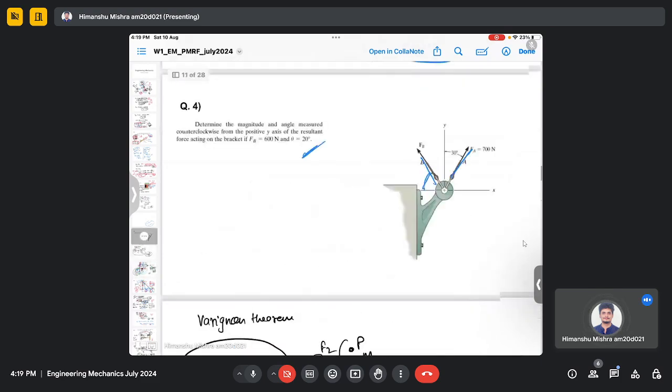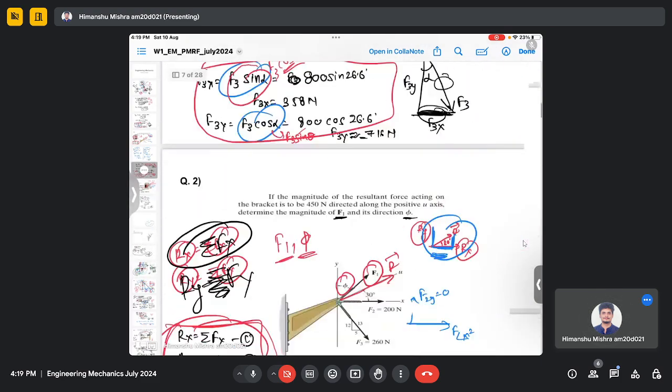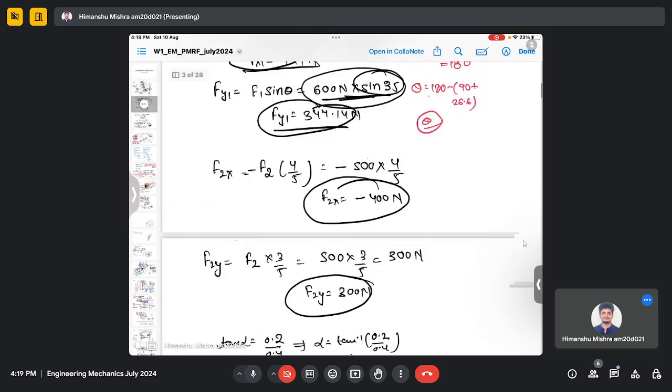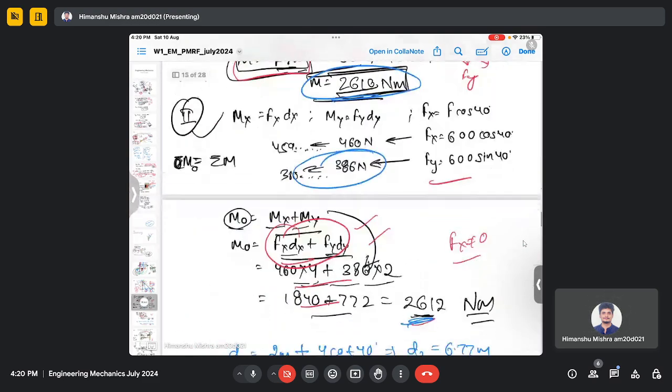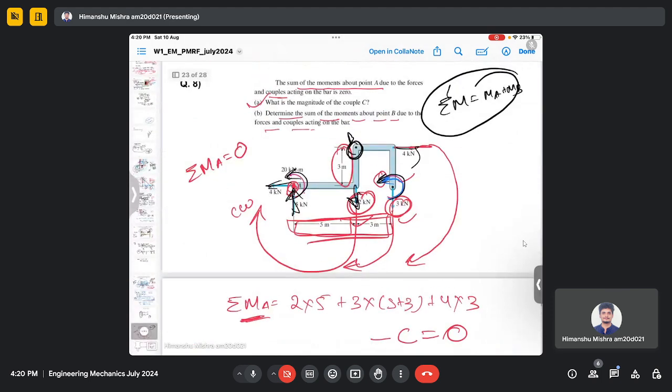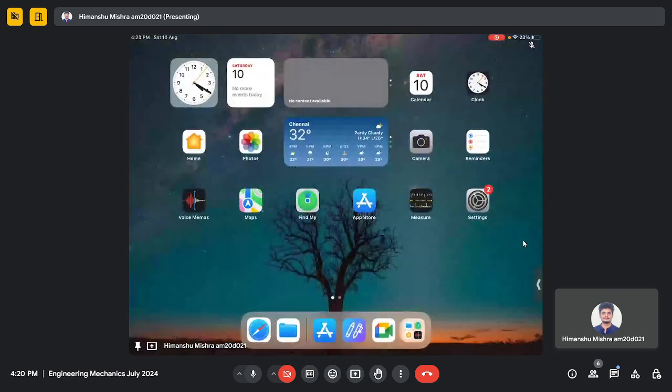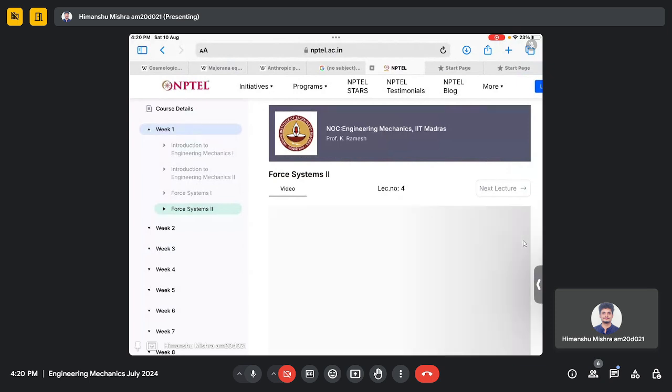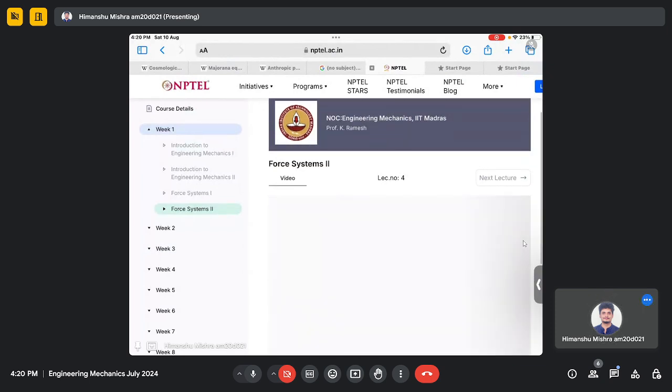For example, my doubt is only two, three things. One thing is, can we take the origin anywhere while calculating a moment? Only at the point of application.